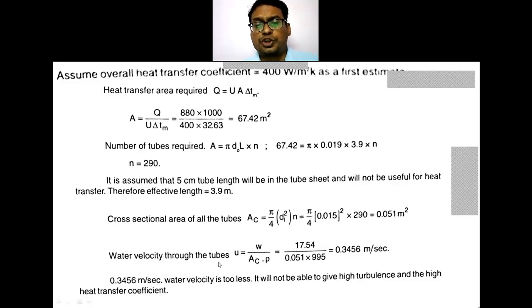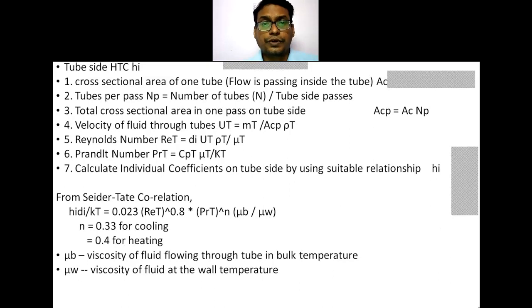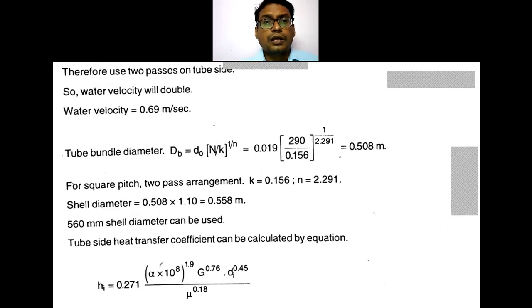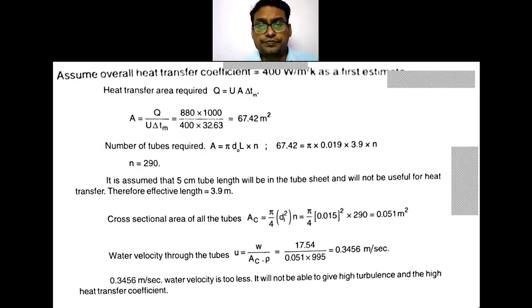Then water velocity through the tubes, which is the flow rate upon area of cross section into the rho. Therefore use the two passes on the tube side. Here the water velocity comes as only 0.3456 meters per second.